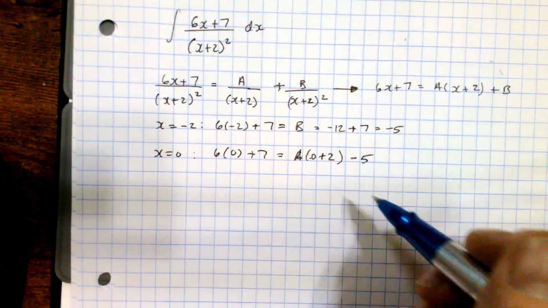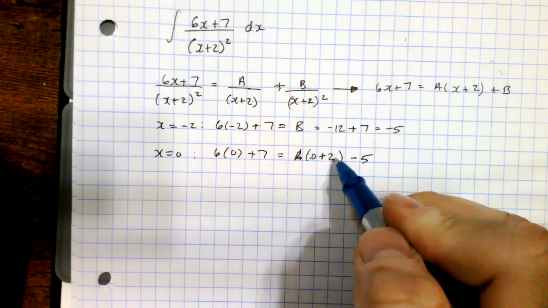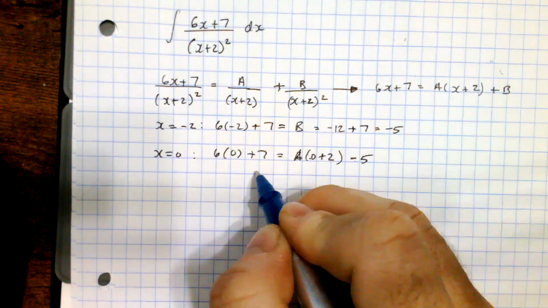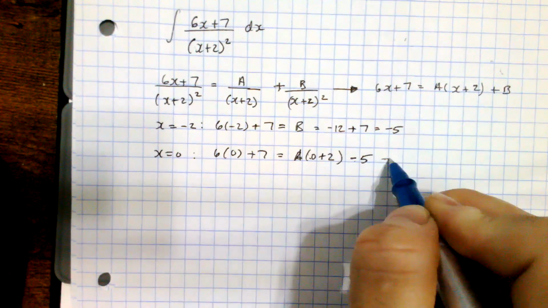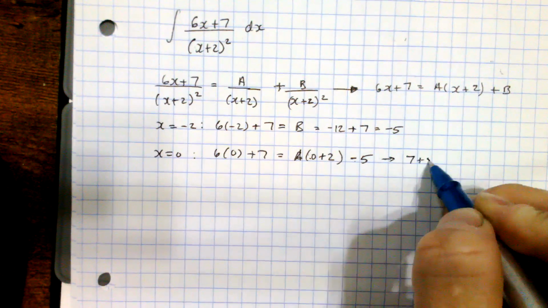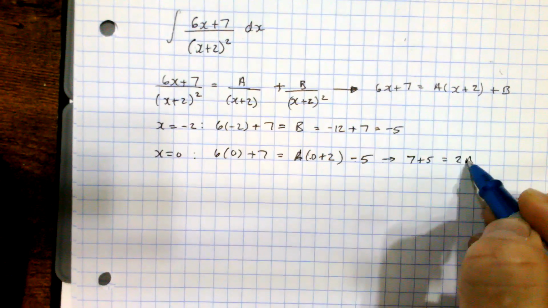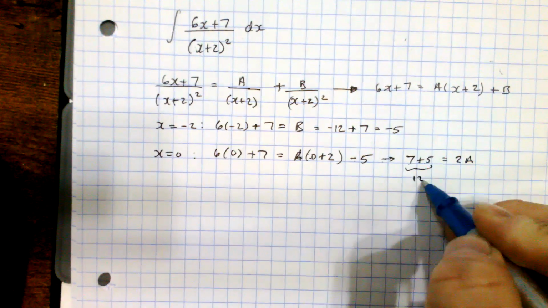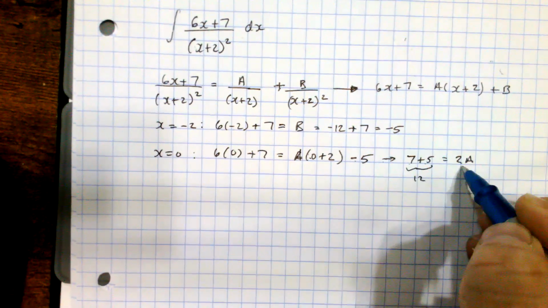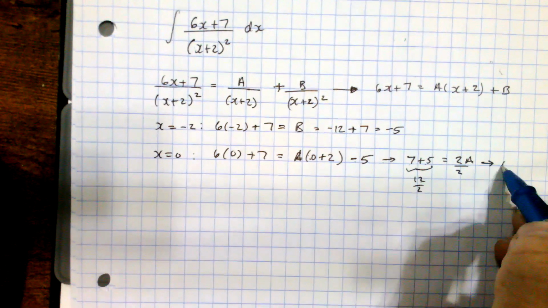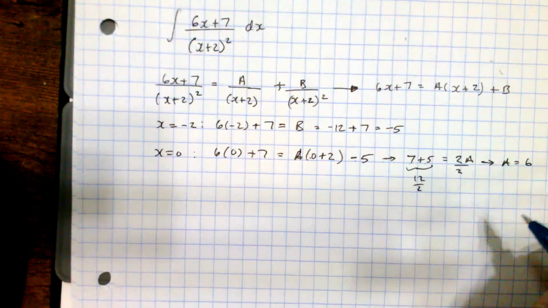So those terms drop out, and you're left with 7 plus 5, adding 5 to both sides, is equal to 2 times a. This right here is 12, and I have 2a there. So I'm going to divide both sides by 2, which then tells me that a is equal to 6.